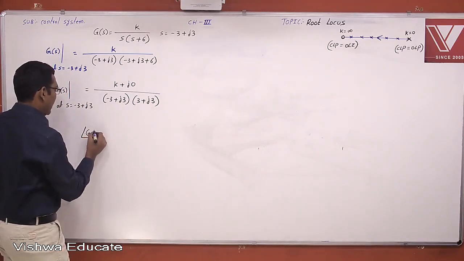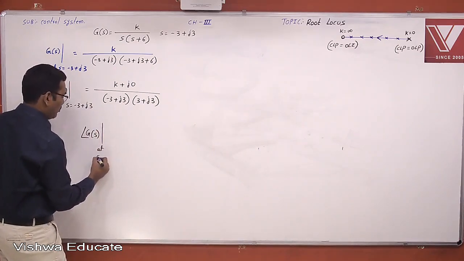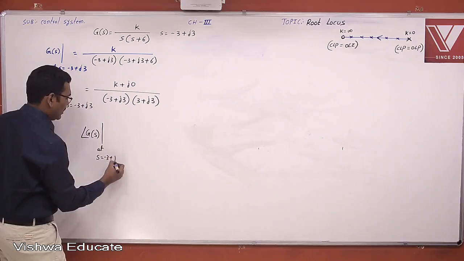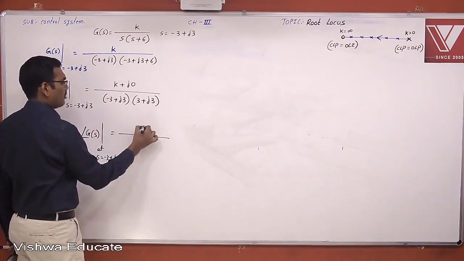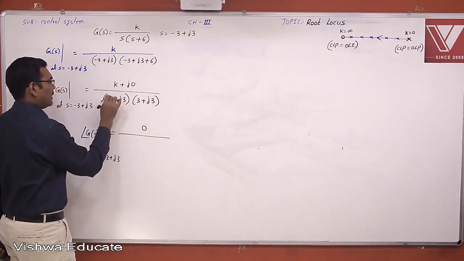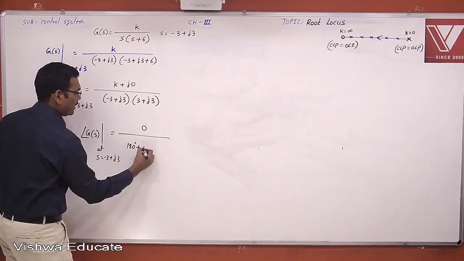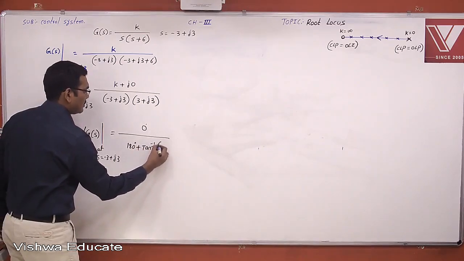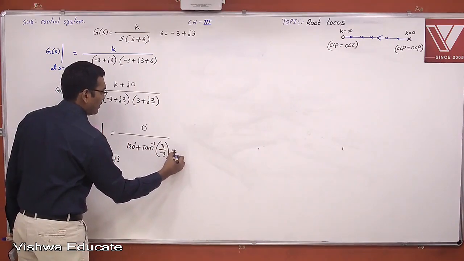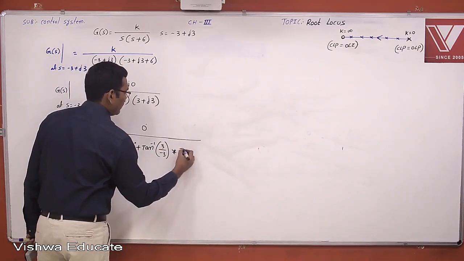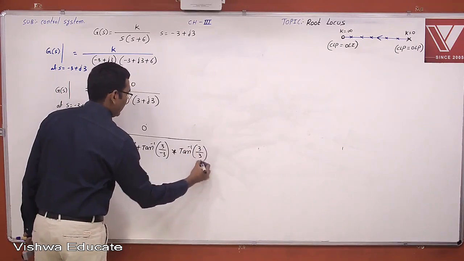So the angle of the open loop transfer function at S equal to minus 3 plus j3: in the numerator, a positive constant's angle is always 0 degrees. But for the denominator term with a negative real part, the angle is 180 degrees minus tan inverse of imaginary part by real part, multiplied with the other term's tan inverse of imaginary part by real part.